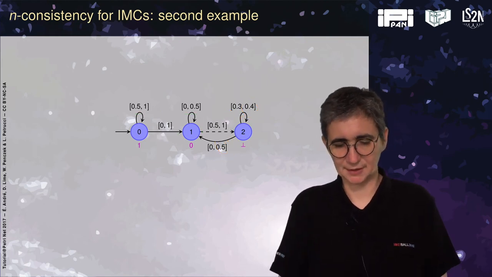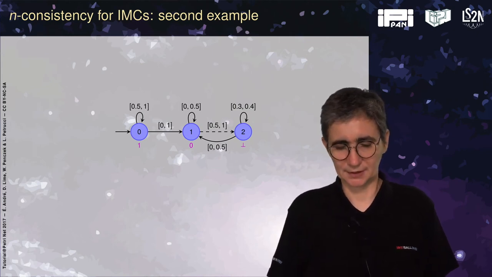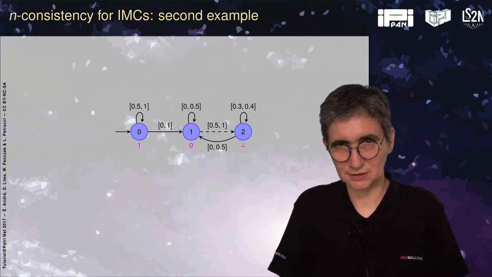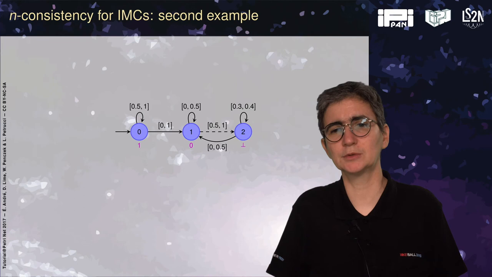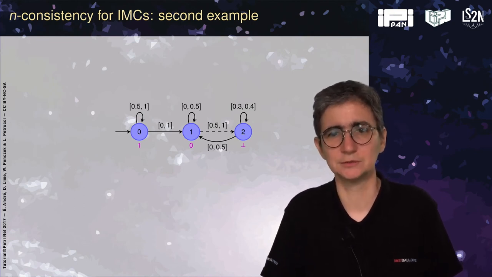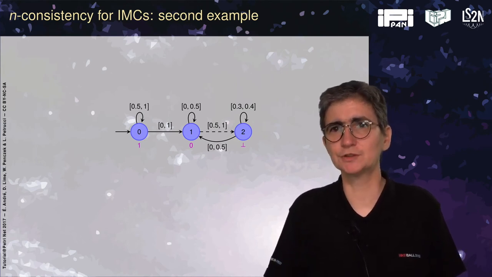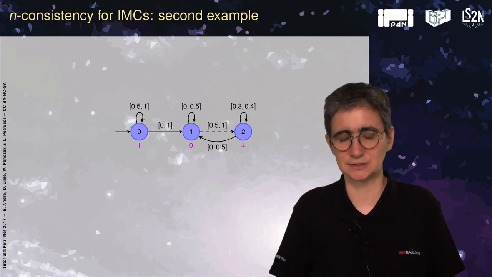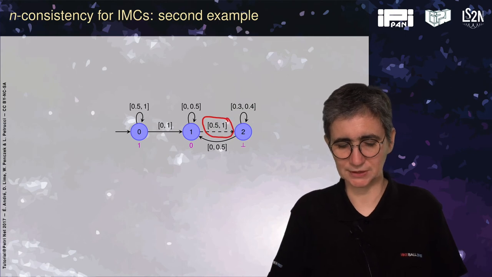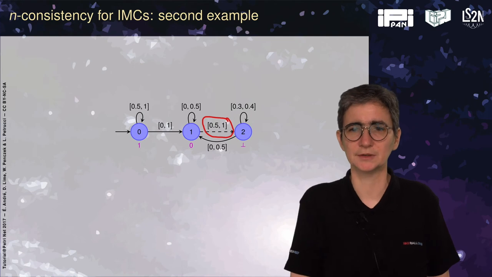Okay. What is the impact on one consistency of state 1? Well, if state 2 is not zero consistent, then for state 1 to be one consistent, I should not be able to go to state 2. That means that I should choose a probability 0 to go to state 2. However, the probability interval here does not include 0. It starts from 0.5 to 1.